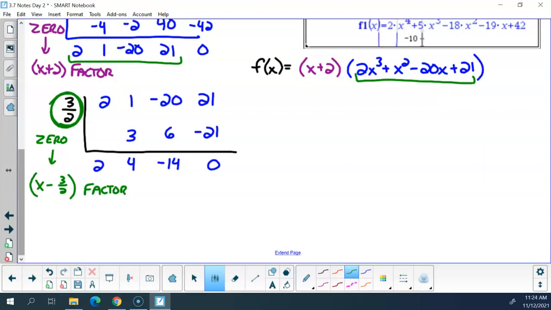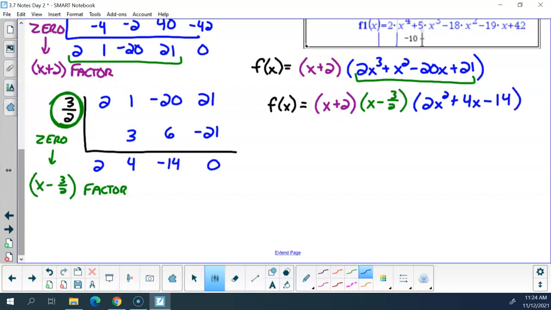So now f of x can be written as x plus 2, x minus 3/2, and 2x squared plus 4x minus 14.